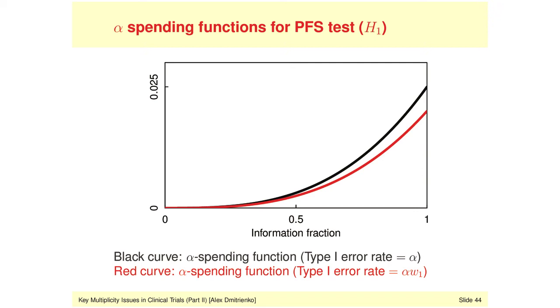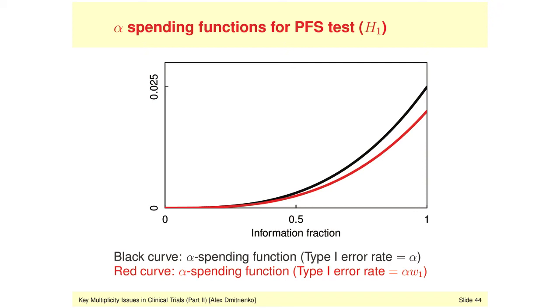The alpha spending function, represented by the black curve, is simply the standard O'Brien-Fleming alpha spending function, which corresponds to the alpha of 0.025, and this alpha spending function will be used to derive the adjusted significance levels that will be applied if the Holm procedure tests the hypothesis H1 at the full alpha level. This will happen, for example, in step 3 of the Holm testing algorithm.